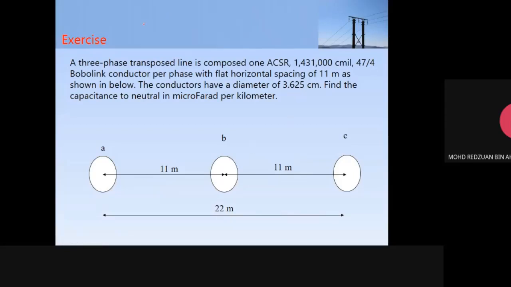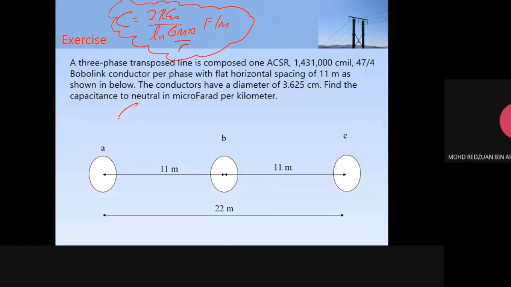So go back to our equation. C for the three-phase circuit is given by 2 pi epsilon naught over ln GMD over R, in farad per meter. This is the equation.